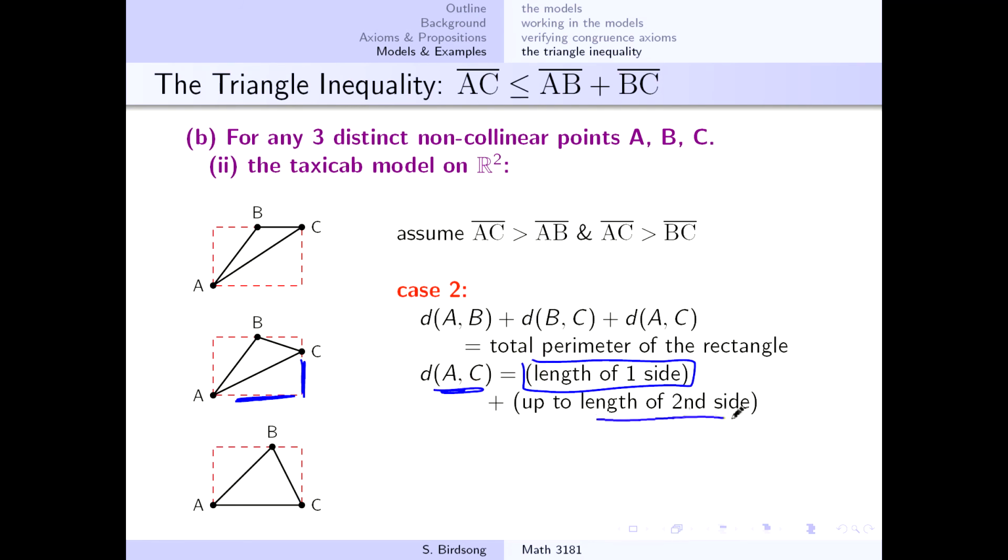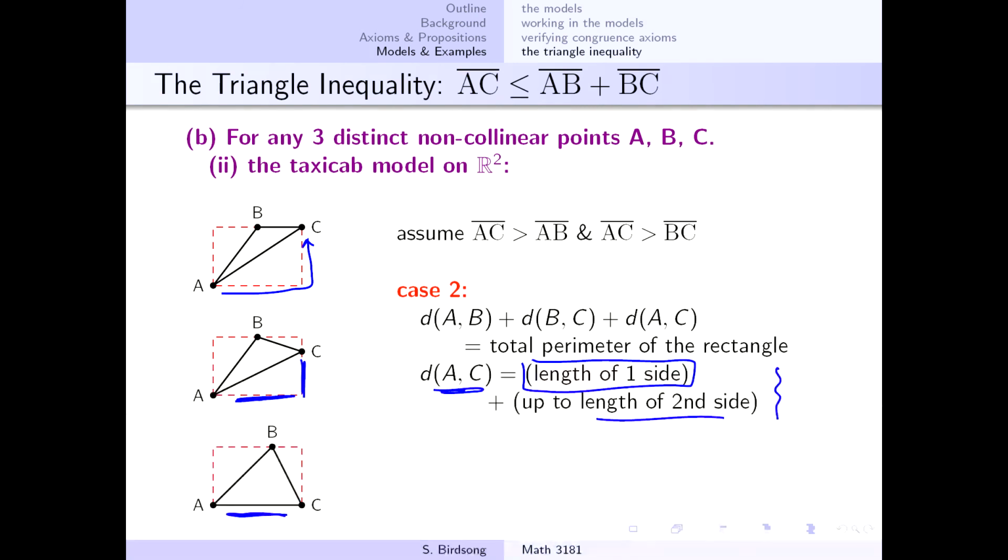Now, up to the length of the second side, well, this first case is where you actually get one side plus the second side. This middle one is where you've got one side plus a little bit of the second side. And this other extreme case, and this is why this last one actually came in, was where it was just the one side.